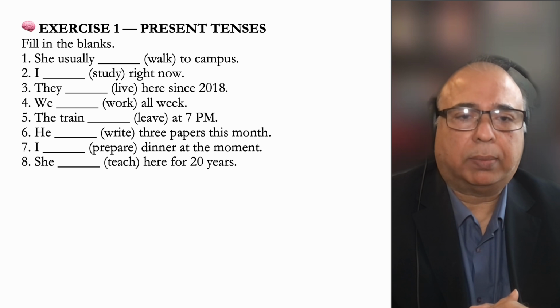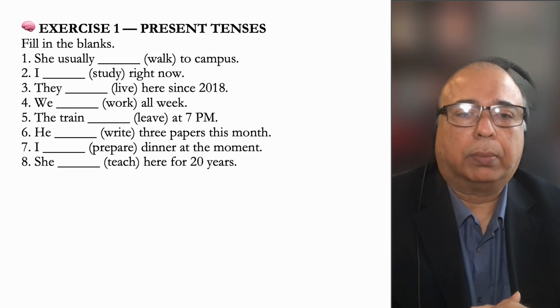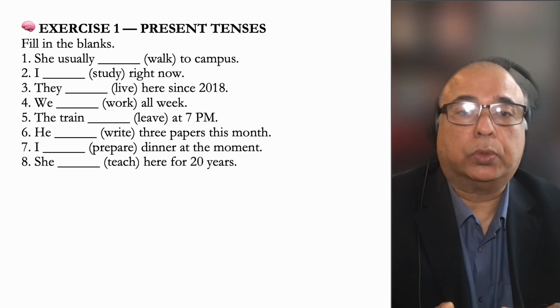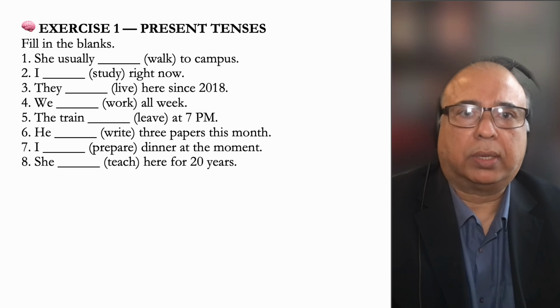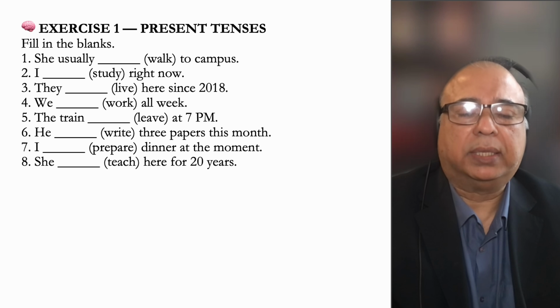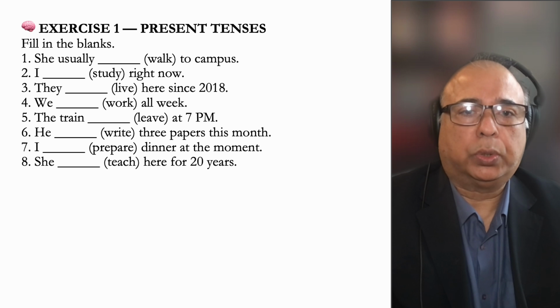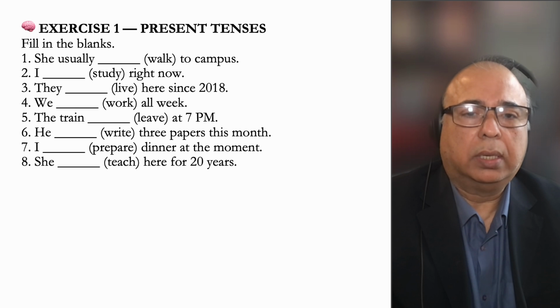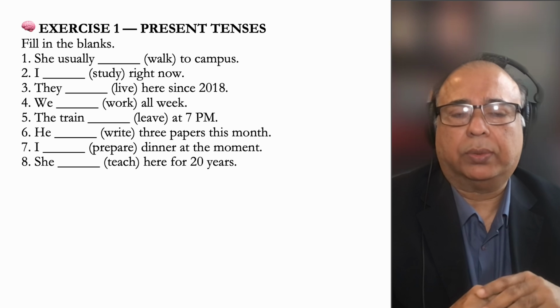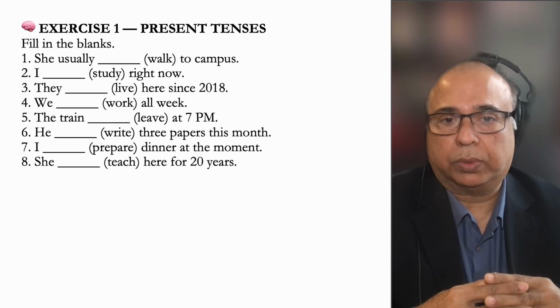Okay, now fill in the blanks. I've given you the verb in parentheses. At this point, I would like you to pause the video and complete the exercise. I will show you the answers when you're done, and we will go over them together. All right? Okay, so pause the video, and I will wait for you to complete the exercise. Then we will go over the answers.